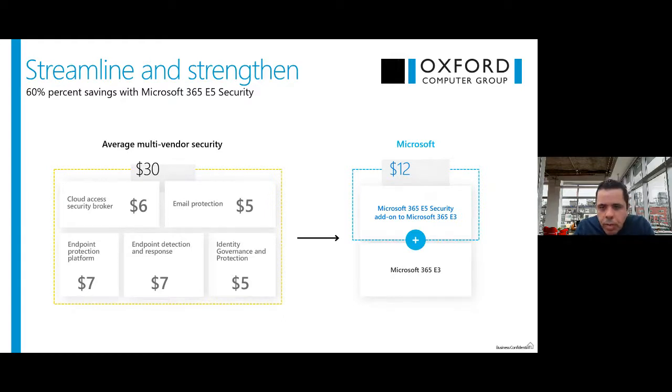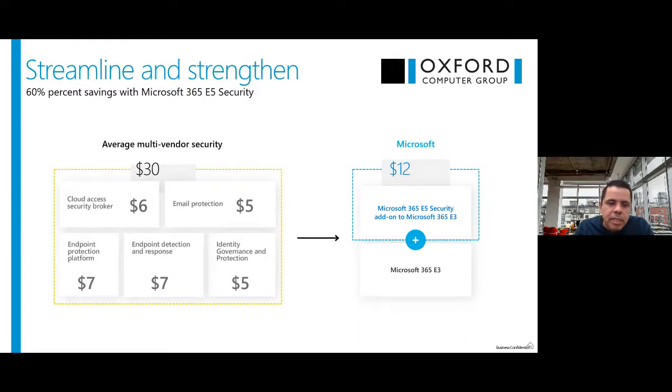Now, the assumption here is a customer with an existing Microsoft 365 E3 deployment, with an E5 security add-on to Microsoft 365 E3 for $12.